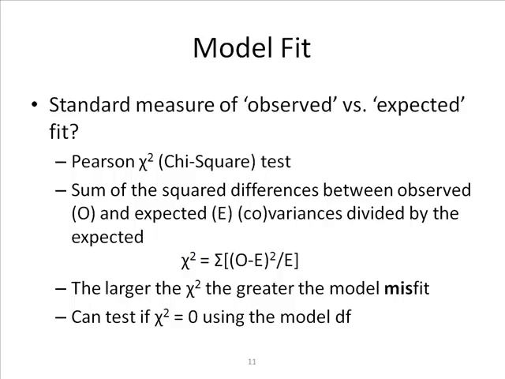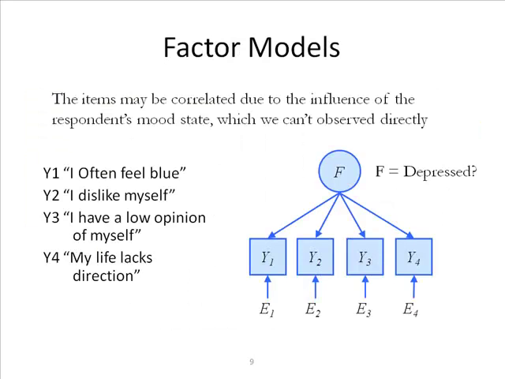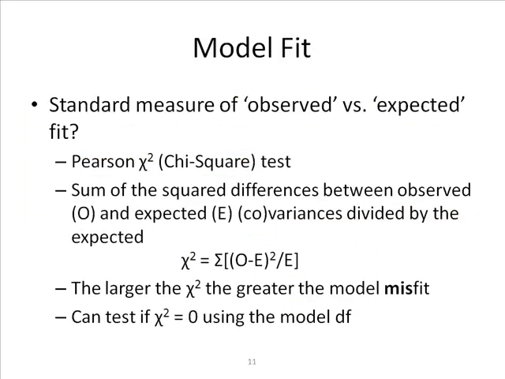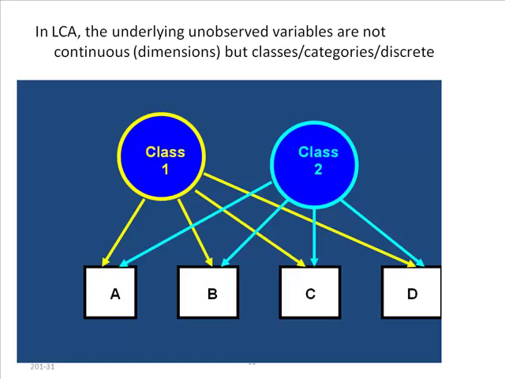You can do a Pearson chi-square test to see to what extent your model of depressive symptoms over here is a good explanation of the intercorrelations between Y1 to Y4. And you can calculate a chi-square test to see whether or not it's significantly different from zero. If it's significantly different from zero, one of the basic arguments is that's not a good model.